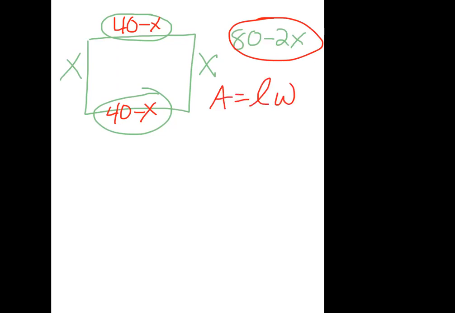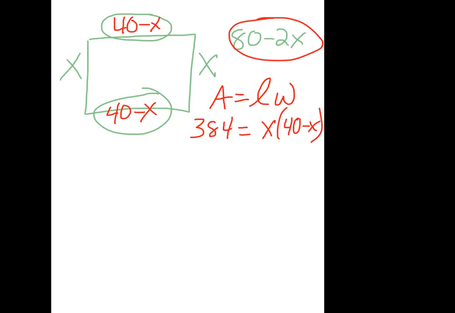All right. So to find the area of a rectangle, remember that I'm going to just do length times width. So in this case, the area is, what did I say? 384 we wanted? 384. And that's going to equal my length times my width. It doesn't matter who you call length and who you call width. One of them's x, the other one's 40 minus x. Okay, so there is a quadratic that I can solve.